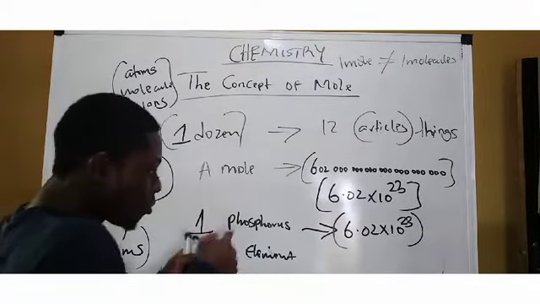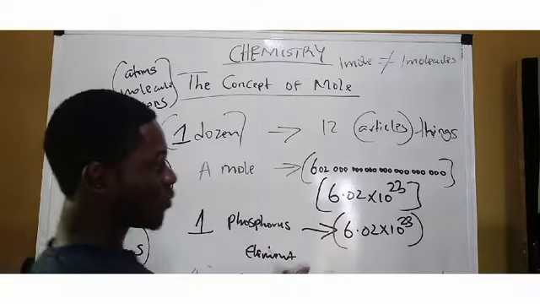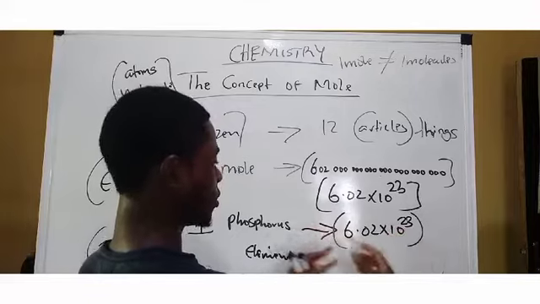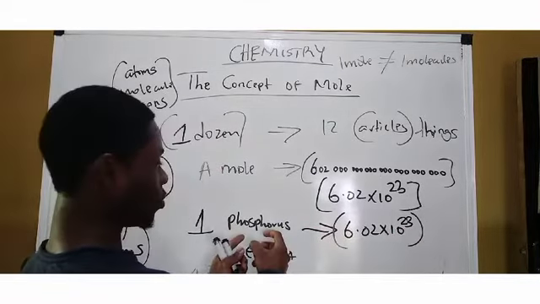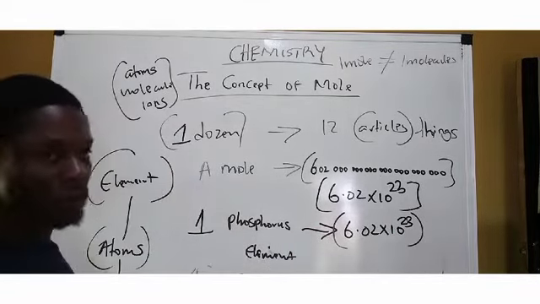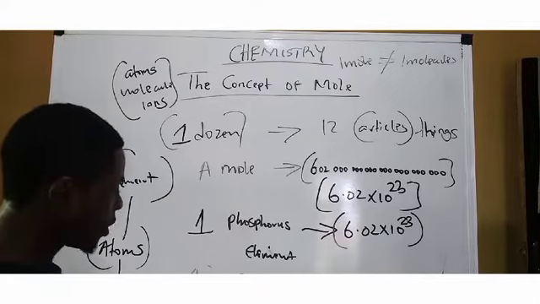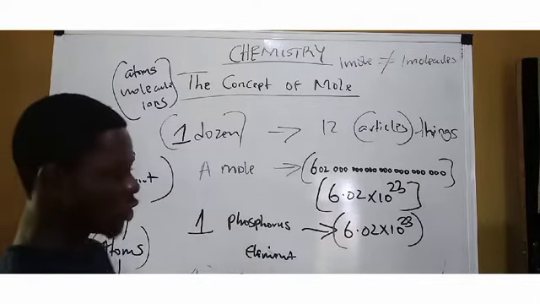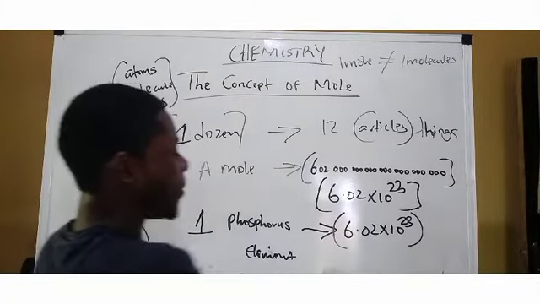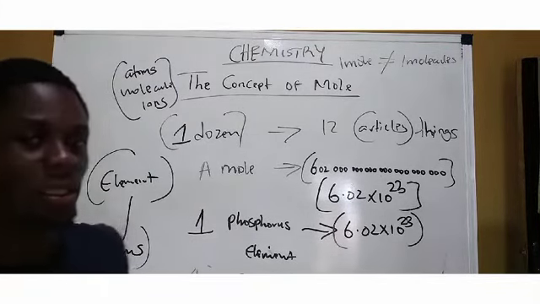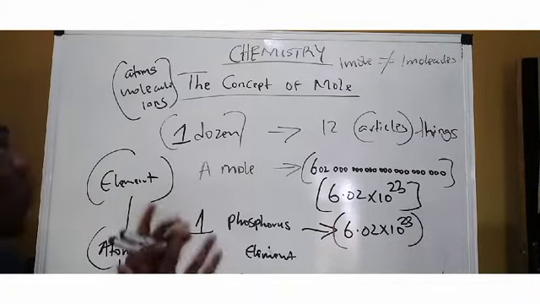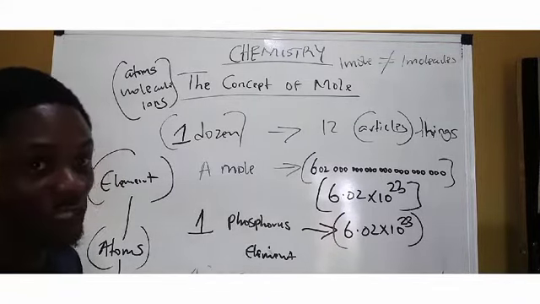So 1 mole of phosphorus element consists of this value of atoms, which are the particles of phosphorus coming together to form phosphorus. Sodium element consists of sodium atoms, and sodium atoms in this amount give us 1 mole of sodium element.